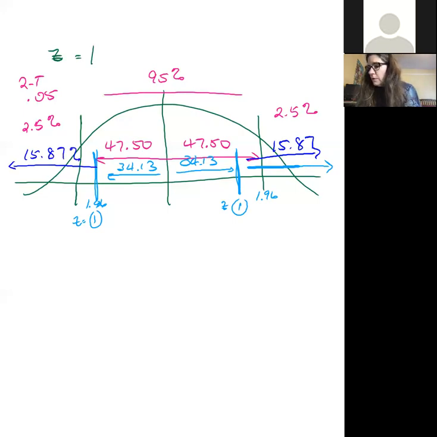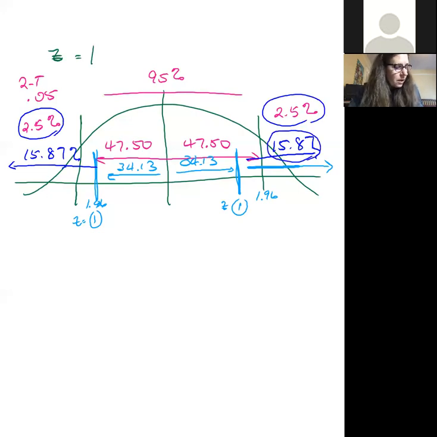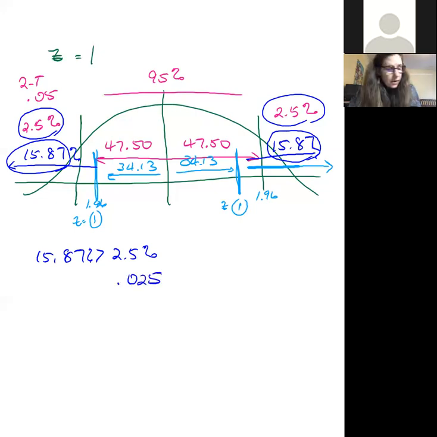Now what we can do is compare the probabilities. This is our rejection level, and this is our obtained probability, so we can compare them. We would be comparing 15.87 to 2.5%. This is greater than that. Now, we usually think about it like this, rarely as percentages.